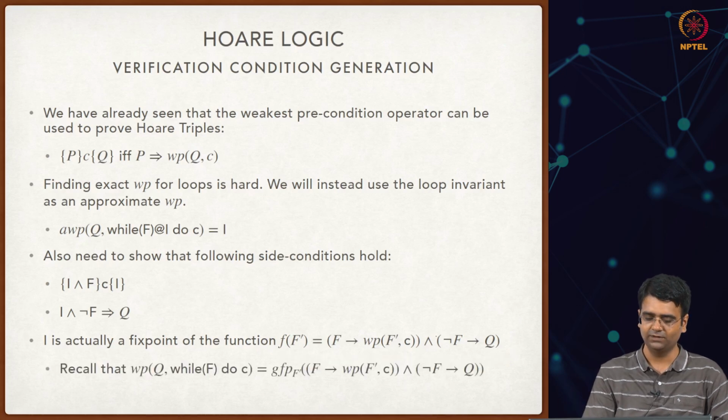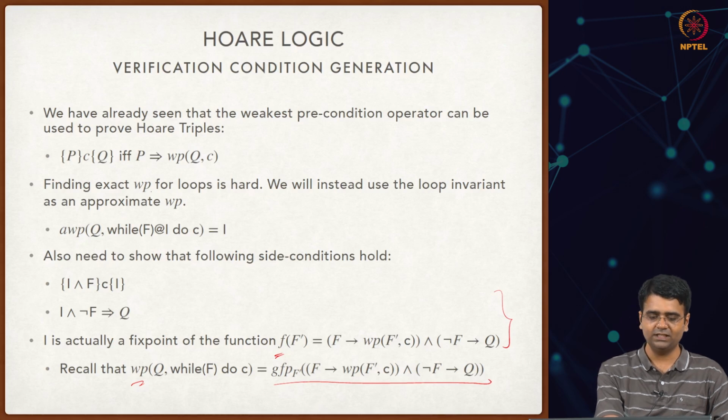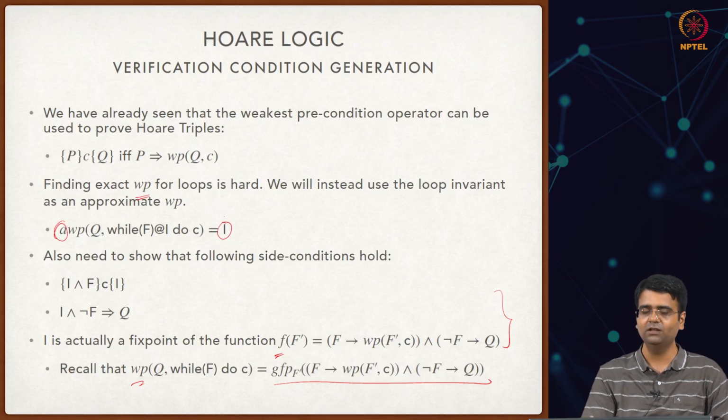WP was defined to be the greatest fixed point of this function, which is the same function f, and I is a fixed point of this function. You can separately show that I is a fixed point of this function, but it need not necessarily be the greatest fixed point. Since it is not the greatest fixed point, we have changed this WP to AWP, because I is not the weakest precondition. So it's the approximate weakest precondition.